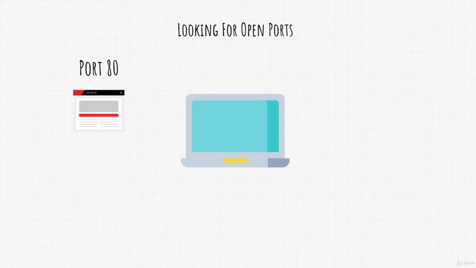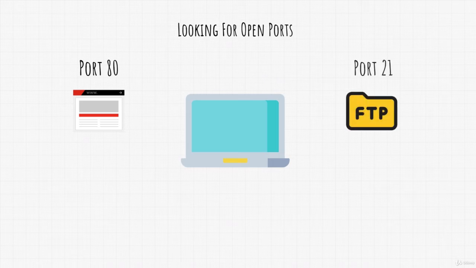And a port that could sometimes be open if you're scanning internally, which means either scanning machines on your network or performing network penetration testing inside of some company, you could, for example, find port 21 to be open. This is an FTP port and it's used for file transferring. FTP stands for File Transfer Protocol. These are just two of the ports and there are a lot of them.